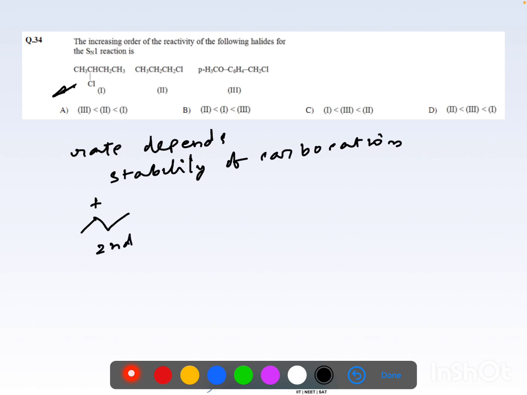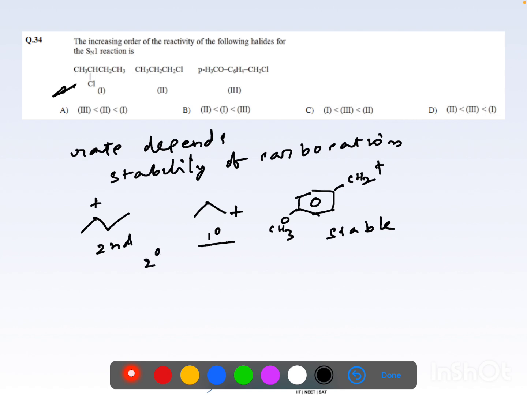For the second structure, the resulting carbocation will be primary, and the third structure will give rise to a benzyl carbocation. We know that benzyl carbocations are stable because of resonance, and among secondary and primary, secondary is more stable than primary carbocation. So the order of reactivity will be 3 greater than 1 greater than 2. So the answer will be option B.